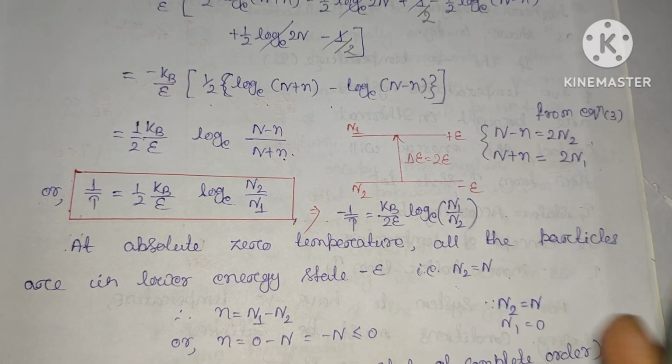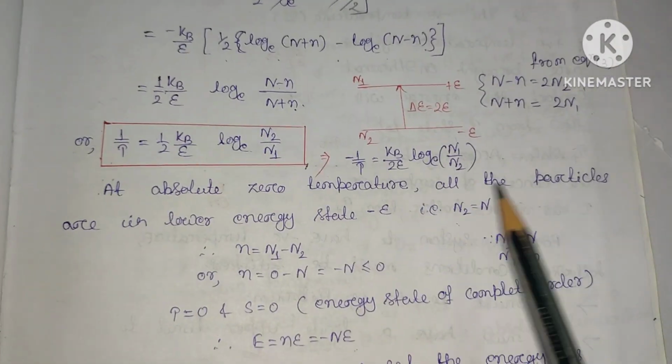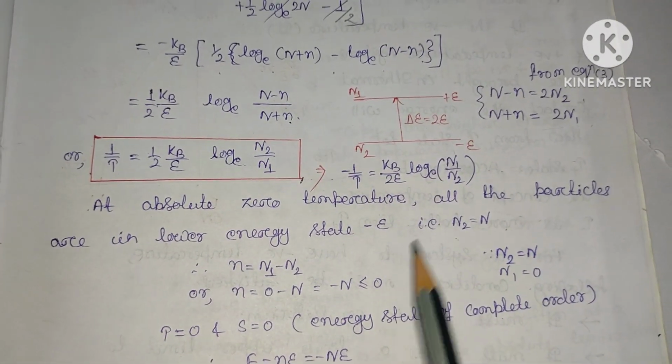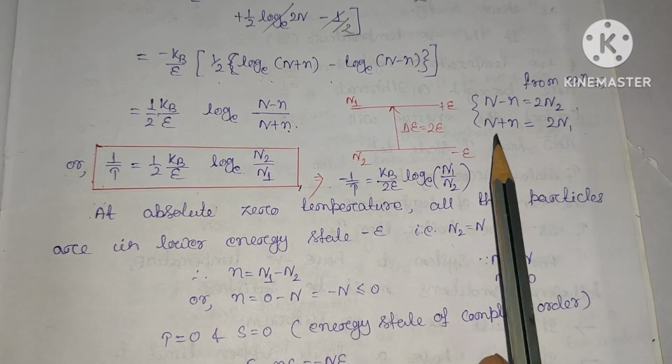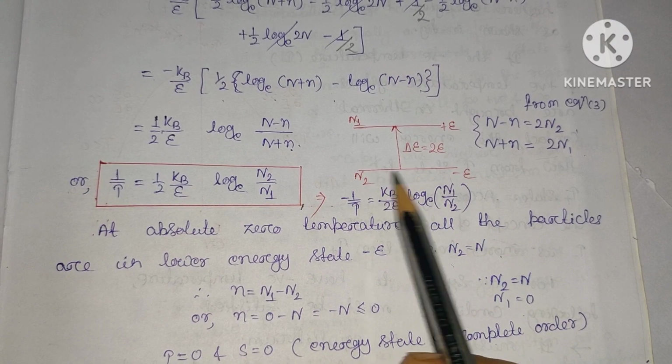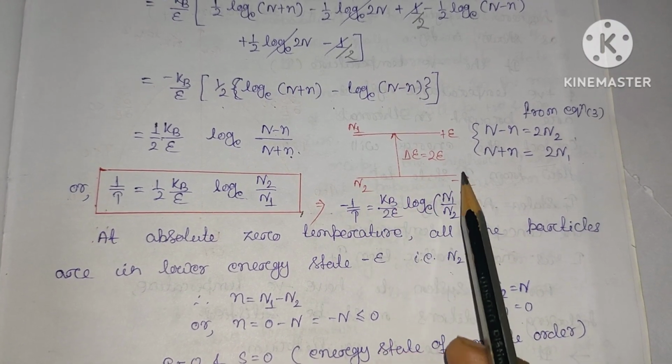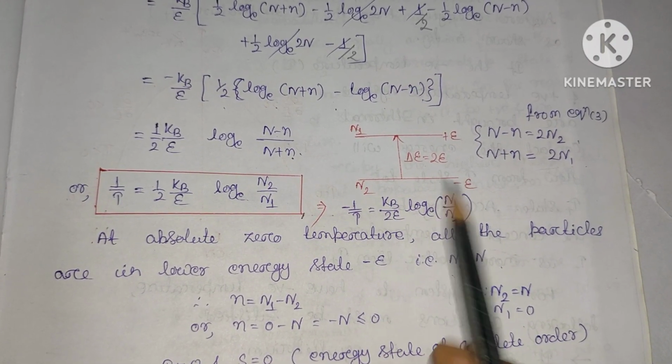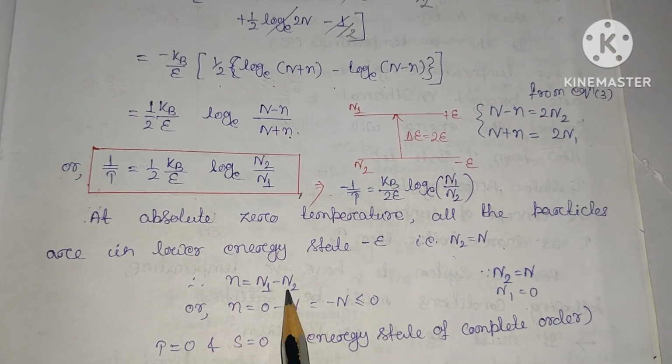So at the absolute zero temperature, all the particles are in the lower energy state, that is, suppose, minus epsilon. So in that case the total number of particles will lie in the lower energy state. So n equals n1 minus n2.